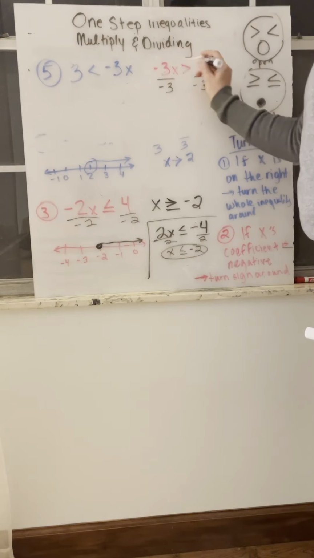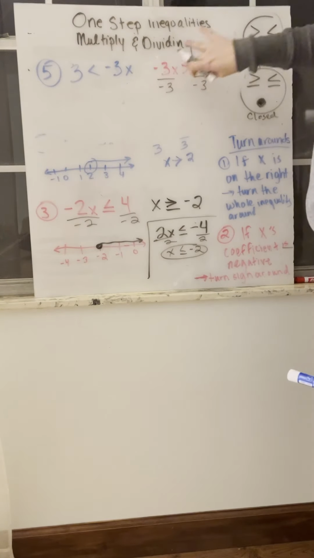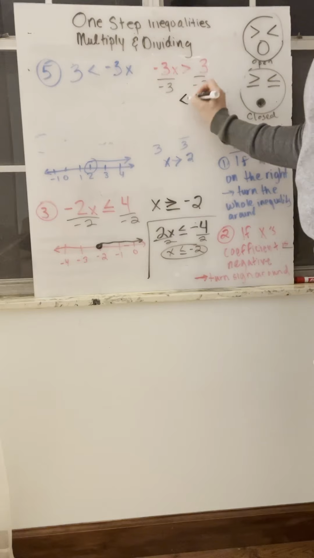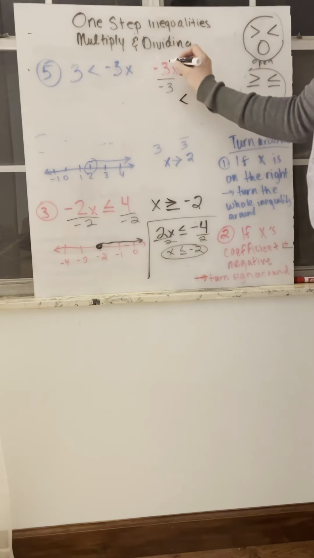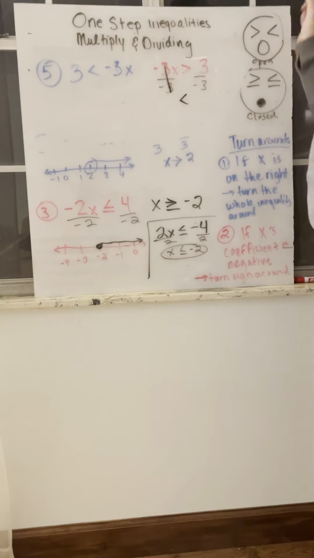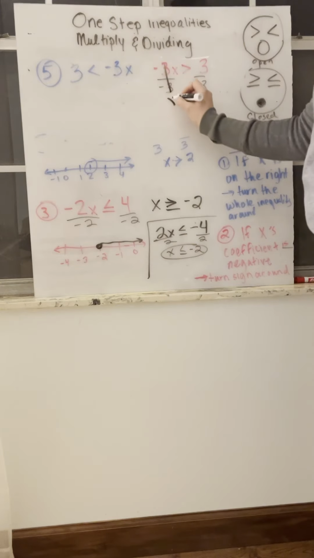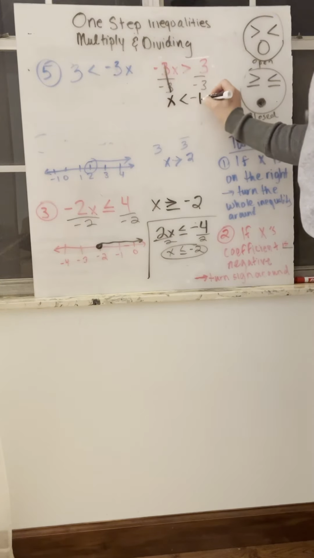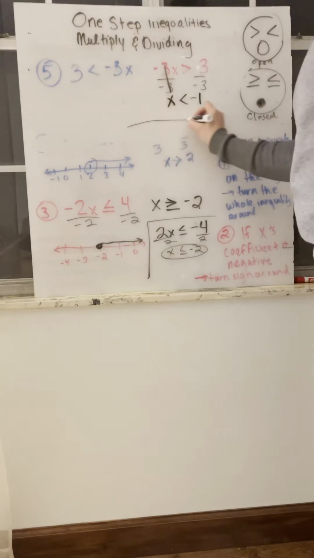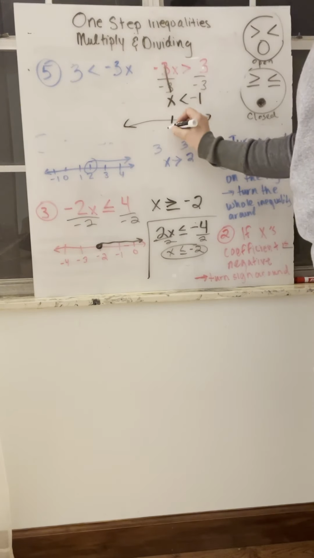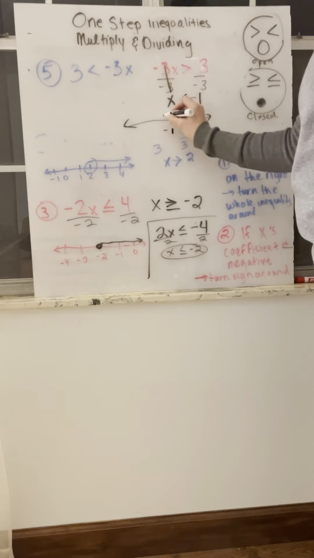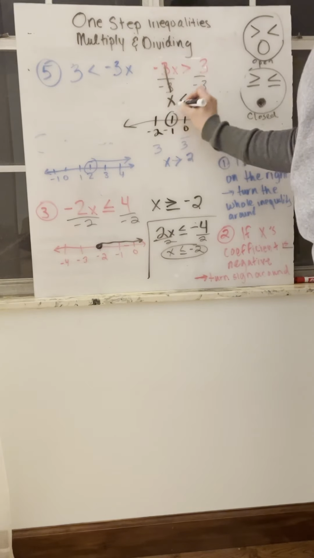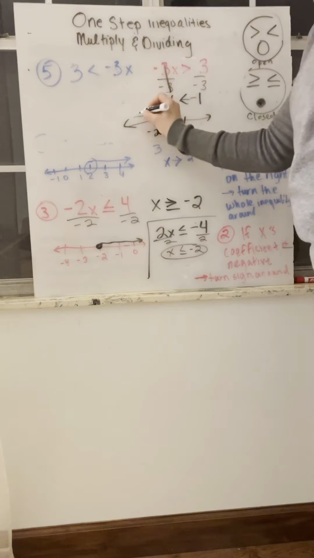The sign is facing this way, it's going to flip and face the other way. -3 divided by -3 cancels out. 3 divided by -3 is -1. To graph it, we have an open circle at -1, and I make an arrow pointing to the left.